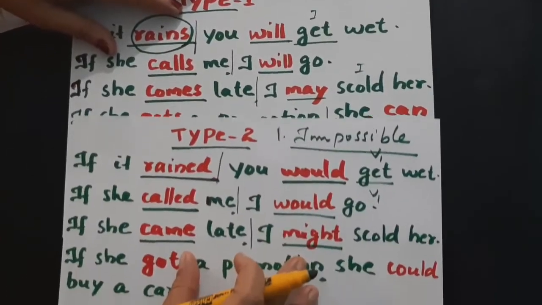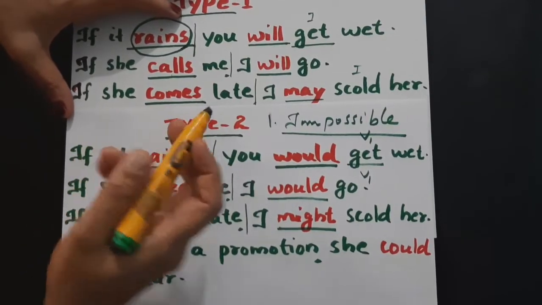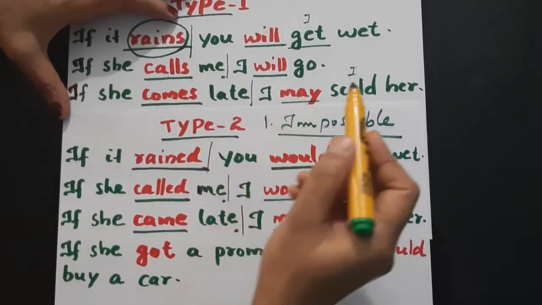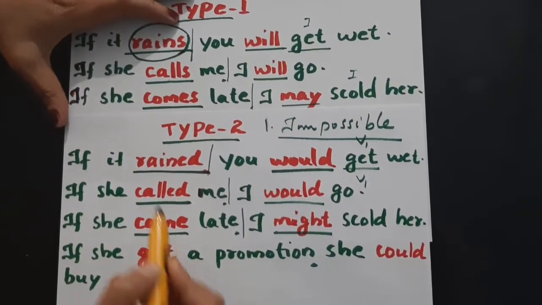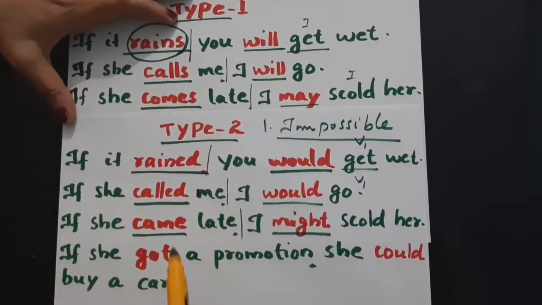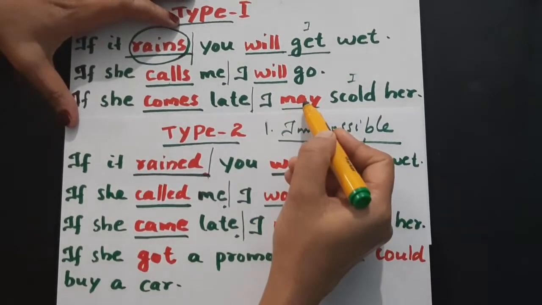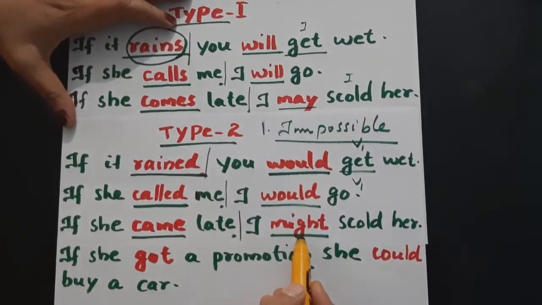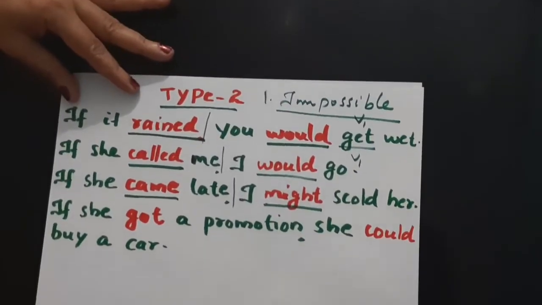In the previous example, it was like this: if she comes late, I may scold her. See, here in type 2, instead of present, you have past tense, and instead of may, you used might. So that is the difference.